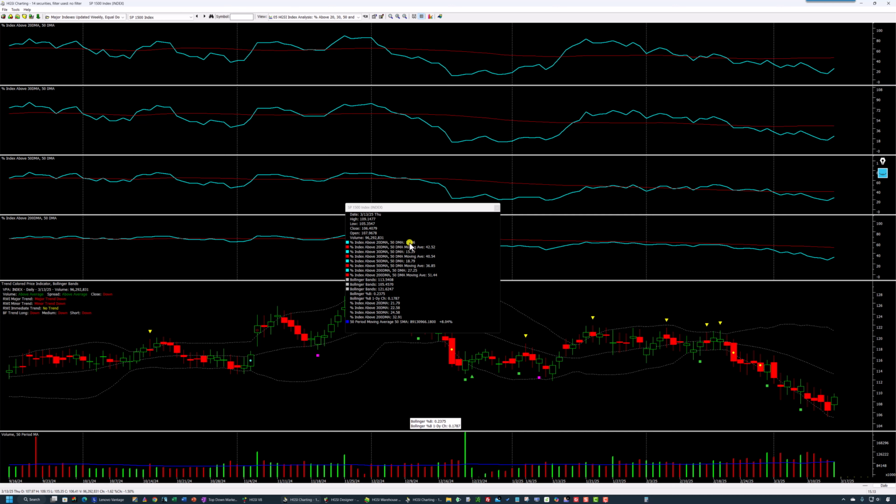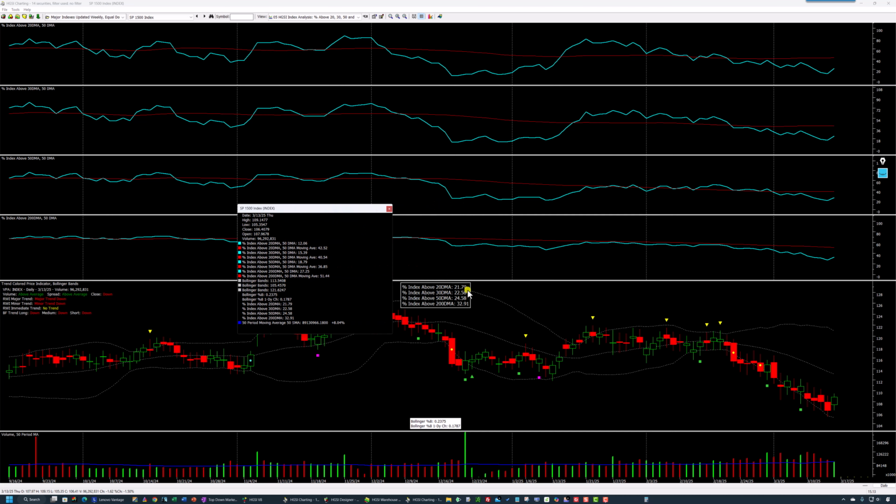The percent above the 20 was 12.06, and it's now 21.79. Above the 30 was 15.39, jumped up to 22.58. Percent above the 50, 25.2, 24.8, and you're not going to probably get much movement on above the 200.